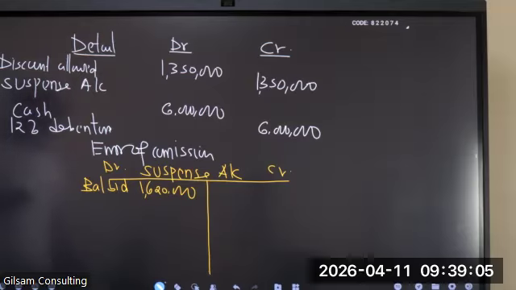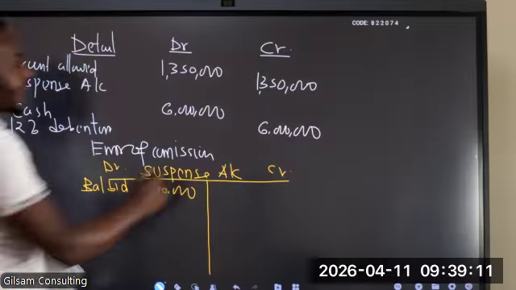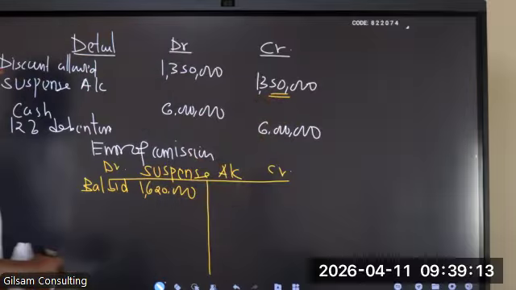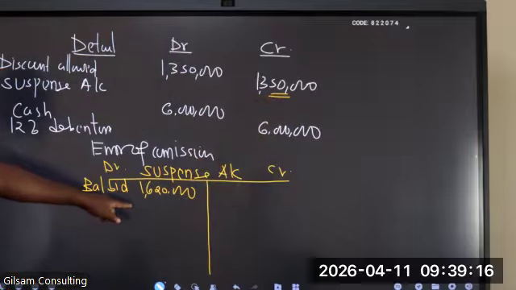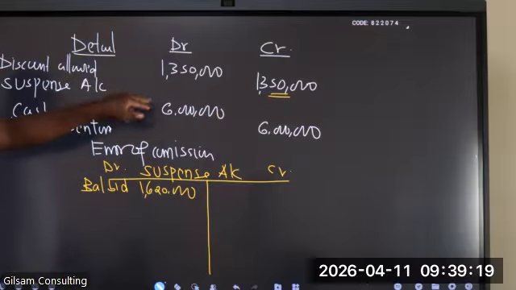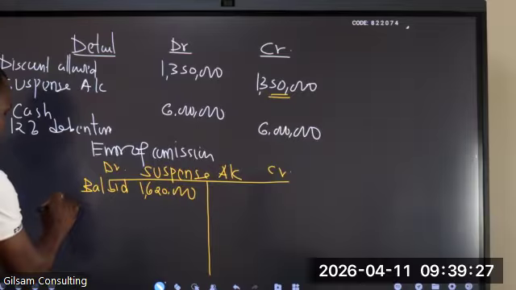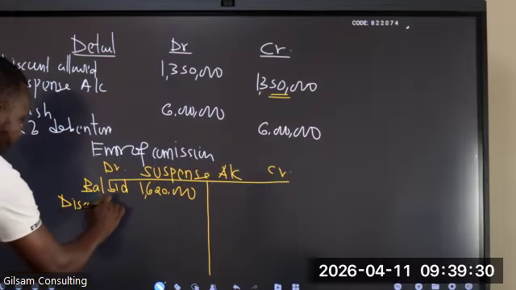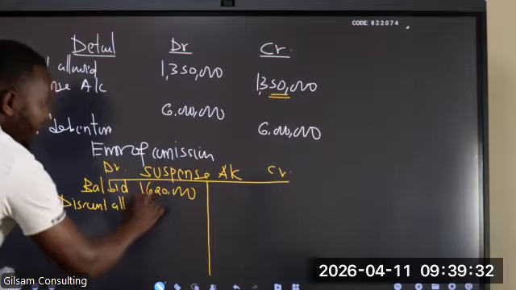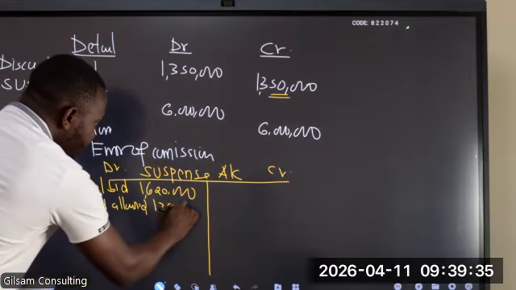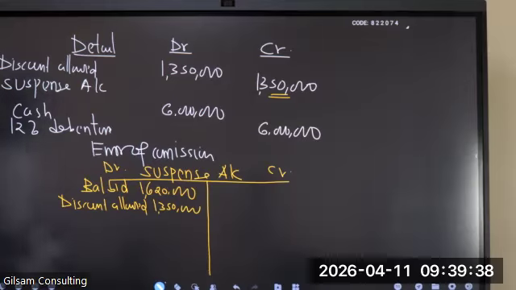Now, anything in the corrections that is on the credit side should appear on the debit side here. So, like this one, it is on the credit side. The account affected is discount allowed, so you come here and write discount allowed, 1350,000.